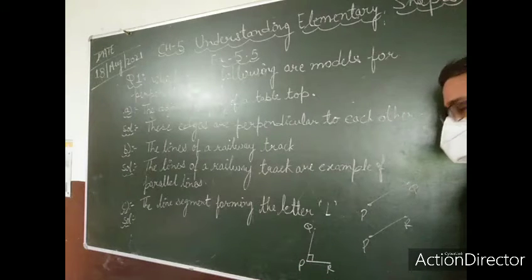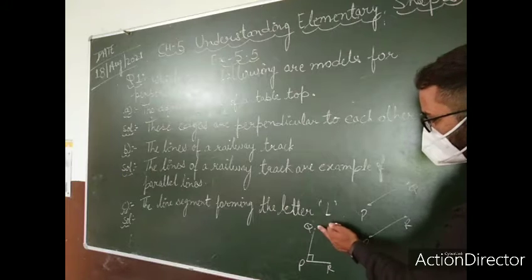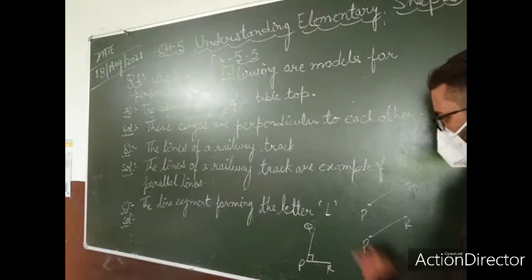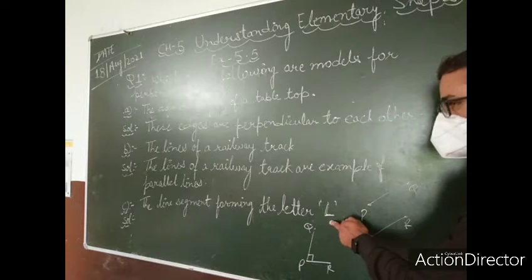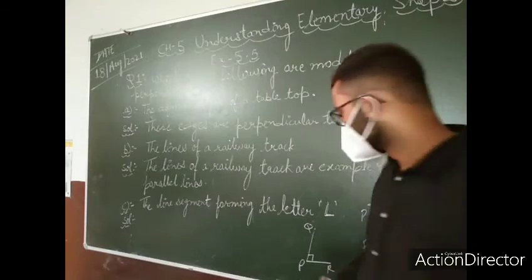So it is an example of perpendicular lines because QP is perpendicular to PR, right?